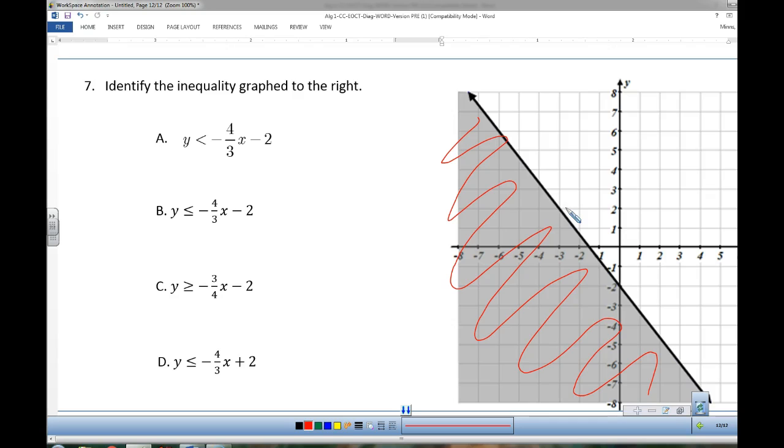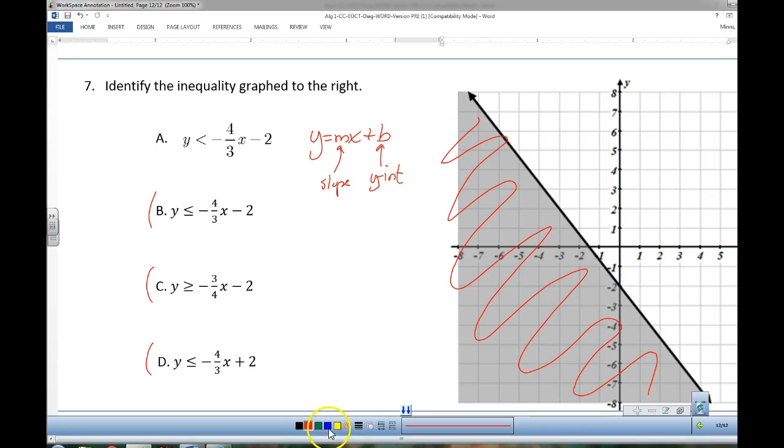You do a dotted line if you just have a less than or greater than. So we know it's got to be one of these 3. Now we just have to go look at what our line is. Remember, the line is in y equals mx plus b form. B is the y-intercept, and m is the slope.